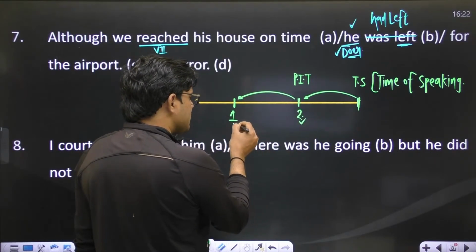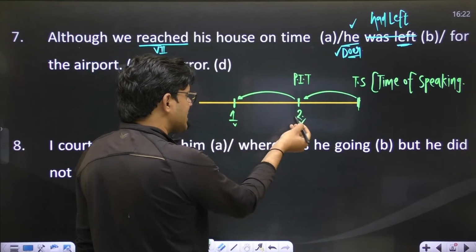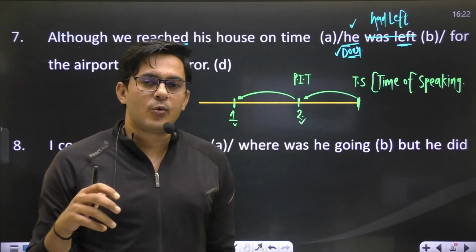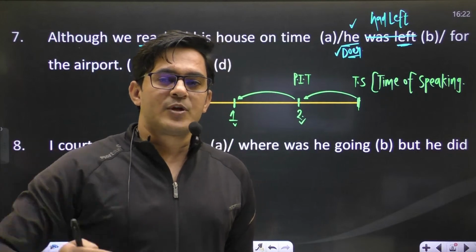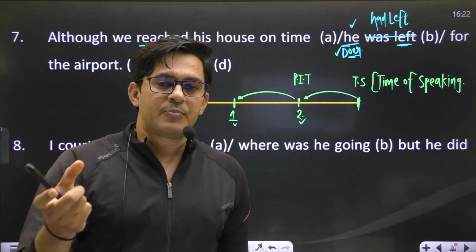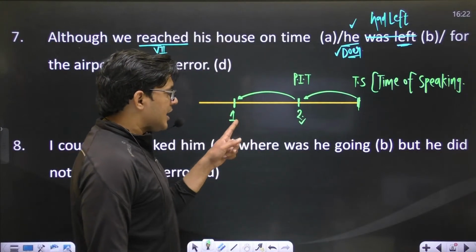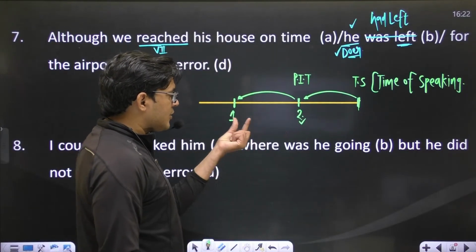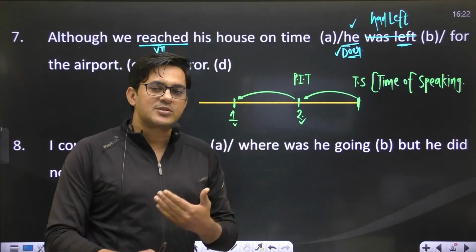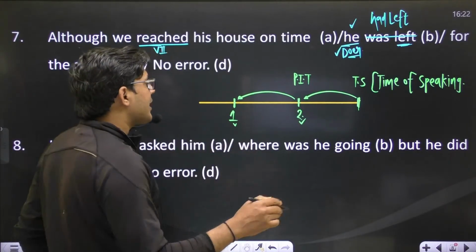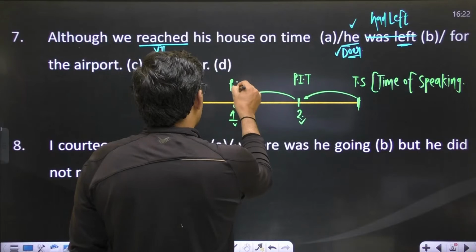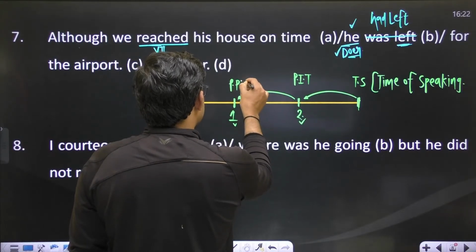This first movement is backward from the past, and backward from the past always denotes the past of the past, or you can say late past, or earlier past. So this movement always demands past perfect tense.